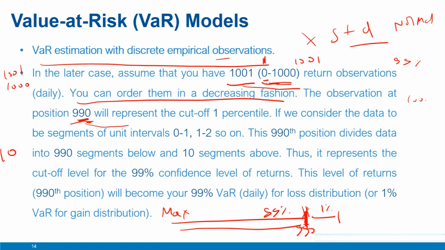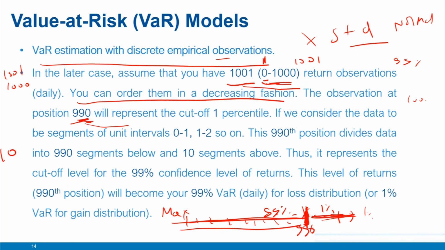Now think of this data in segments, and this 990th observation will divide the upper right side into a 1 percentile segment, and therefore it represents that cutoff level, or that 99% confidence level that we are interested in. That means if I choose this cutoff value, then 99% of the intervals will fall on the left and 1% on the right. This 1% is the extreme observations, and therefore this cutoff point becomes my 99% daily VaR, because it segments the entire horizon into two segments of 99 versus 1%.